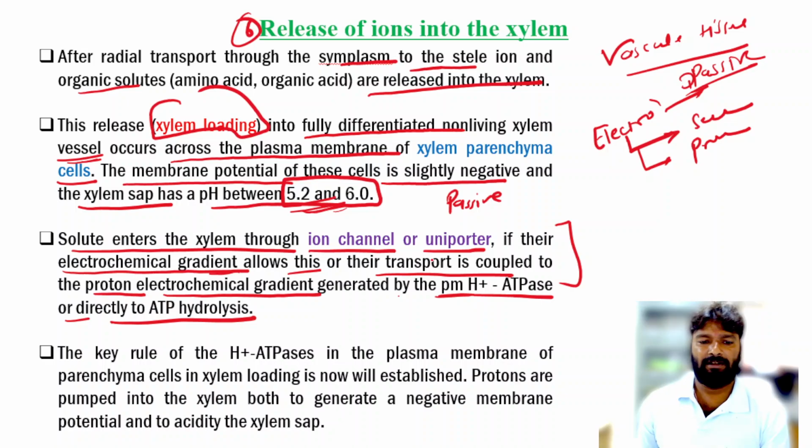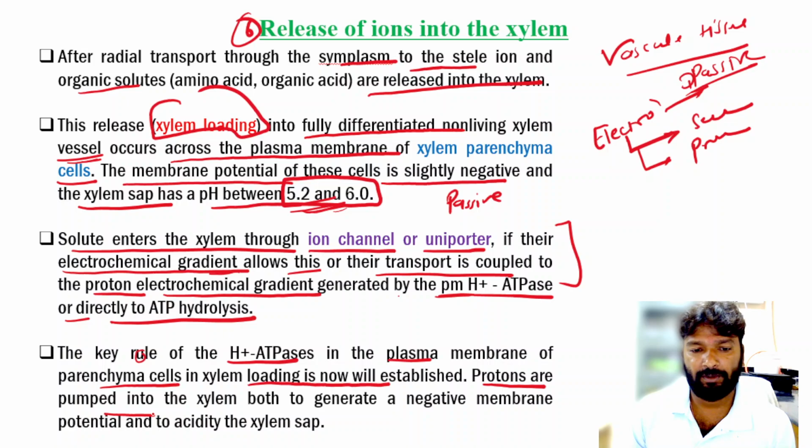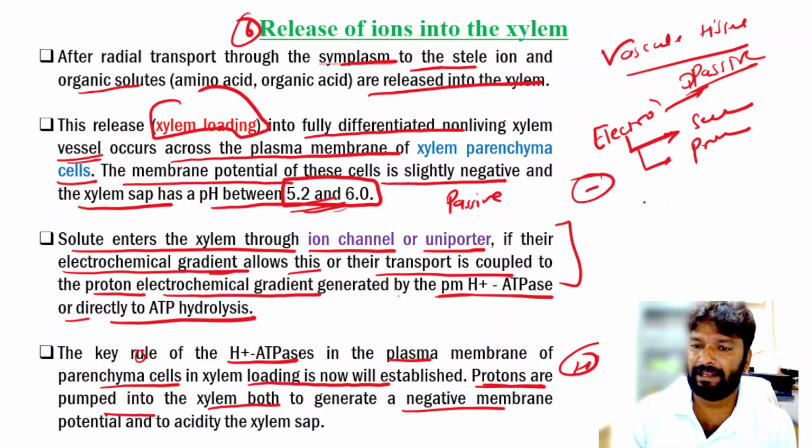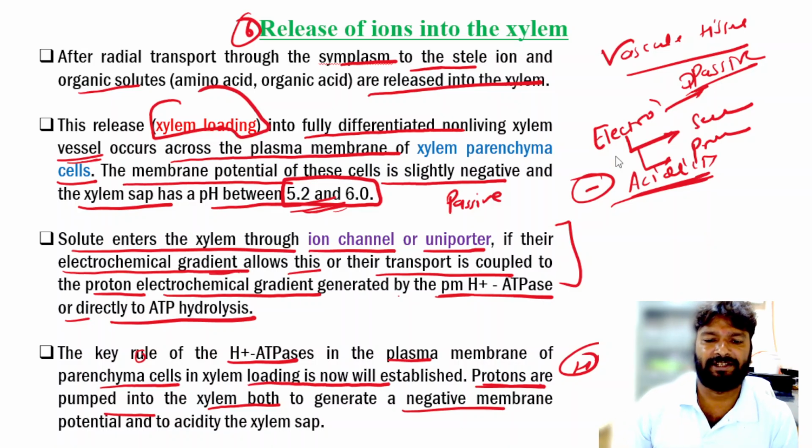The key role of the H plus ATPase in the plasma membrane of parenchyma cells in xylem loading is now well established. Protons, H plus, are pumped into the xylem, both to generate a negative membrane potential and to create acidity, which can neutralize the electrochemical gradient between these two sites.